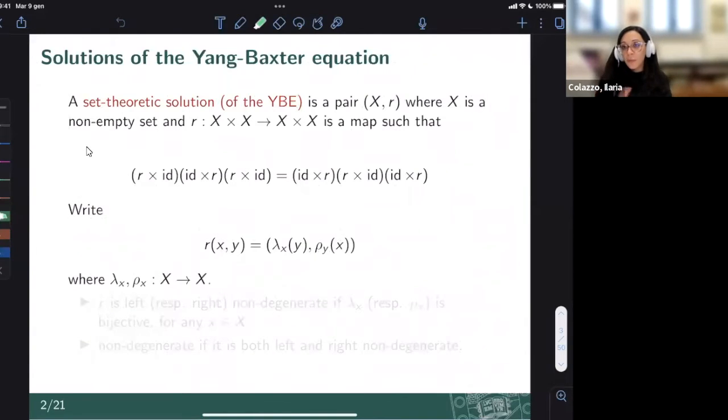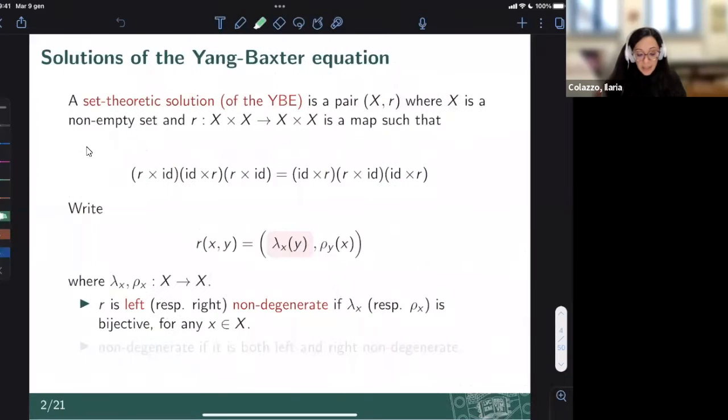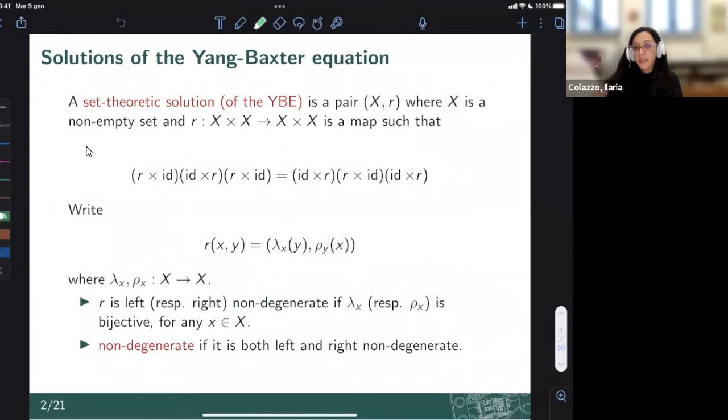I know that we saw different notations for that, like lambda and gamma and sigma and others. In this talk, we will always use lambda and rho. We'll say that r is left non-degenerate if the lambda maps are bijective, right non-degenerate if the rho maps are bijective, and non-degenerate if both lambda and rho are bijective.